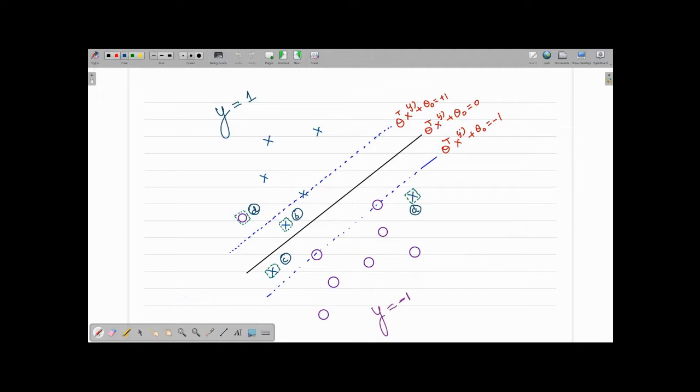Are you seeing it or not? We have crosses here, right? These points are crosses, right?